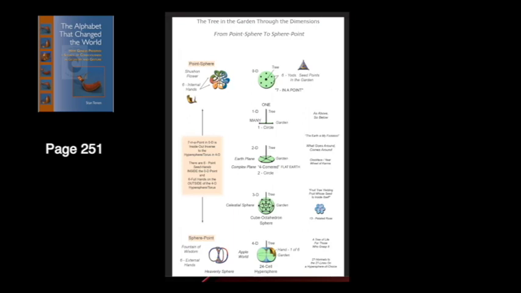And it's a perfect example of looking at something in various dimensions, and each dimension having a story or a meaning. In this case, the discussion had to do with the inverted T, which we're going to get to later. And he's using what he calls a tree in the garden through dimensions from a point sphere to a sphere point.